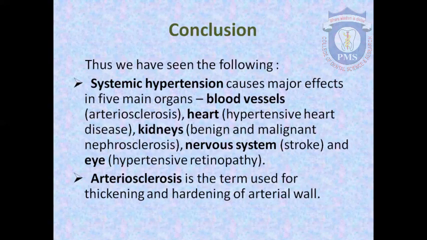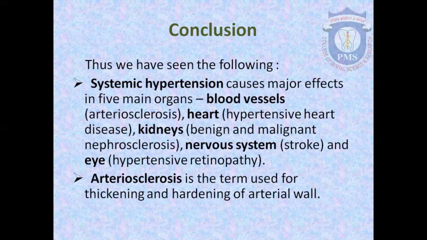Thus, we have seen that systemic hypertension causes major effects in 5 main organs: blood vessels, arteriosclerosis; heart, hypertensive heart disease; kidneys, benign and malignant nephrosclerosis; nervous system, stroke; and eye, hypertensive retinopathy.